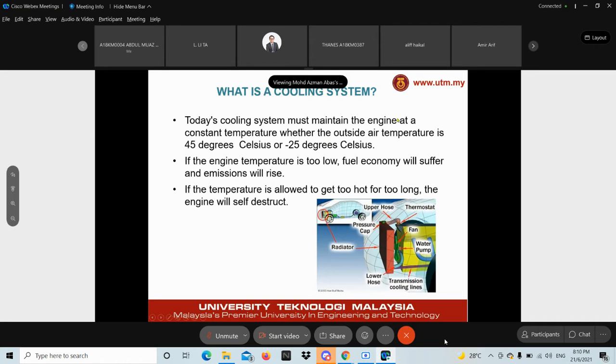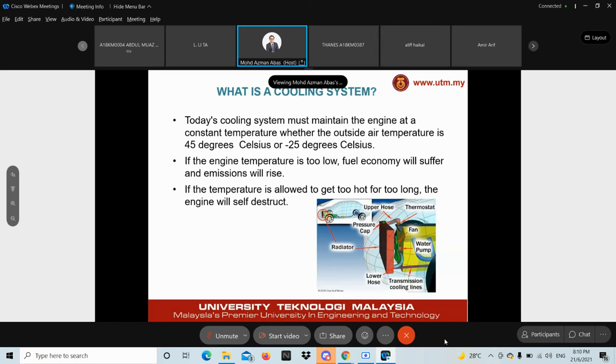Today's cooling system must maintain the engine at a constant temperature, whether the outside air temperature is 45 degrees, or even worse, in Malaysia or in some hot climate countries, especially in the Middle East. Air temperatures in Middle East countries can go up to between 70 to 90 degrees.